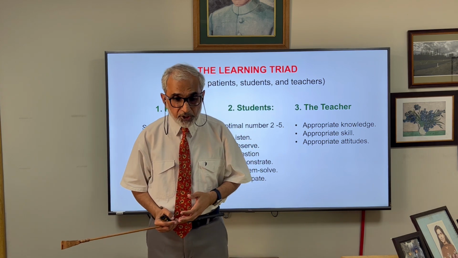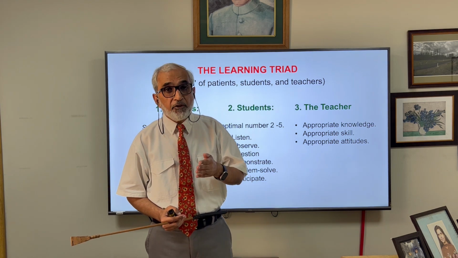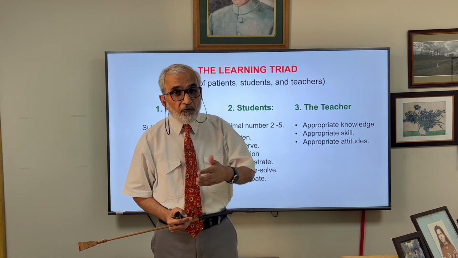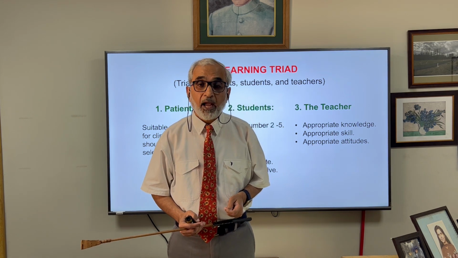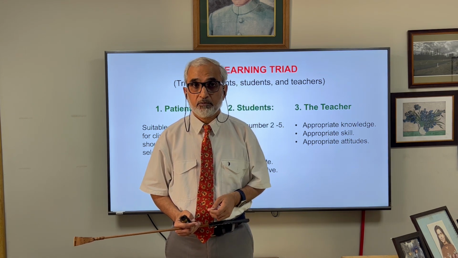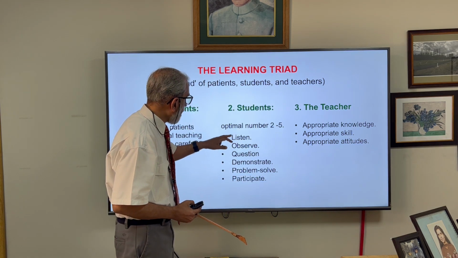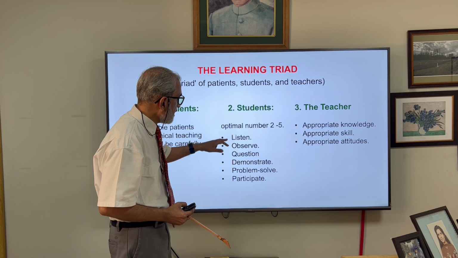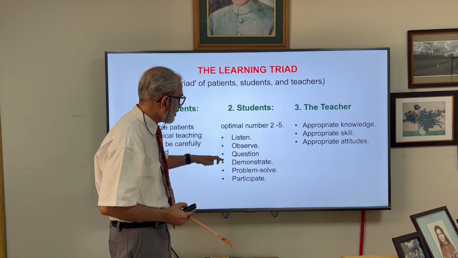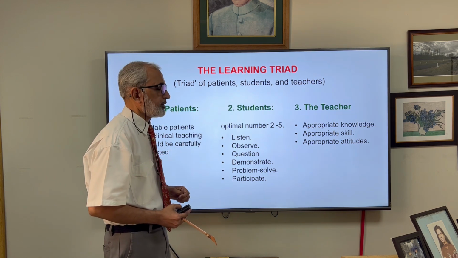We also know that we cannot engage a patient for a longer time period because the patient will get tired and it's not ethically acceptable. So 2 to 5 is the optimal number to listen, observe, question, demonstrate, problem solve and participate.